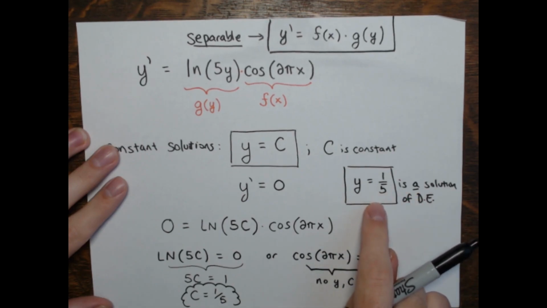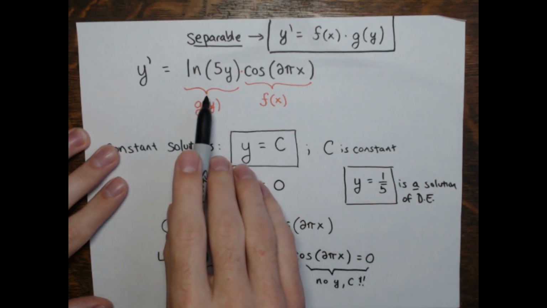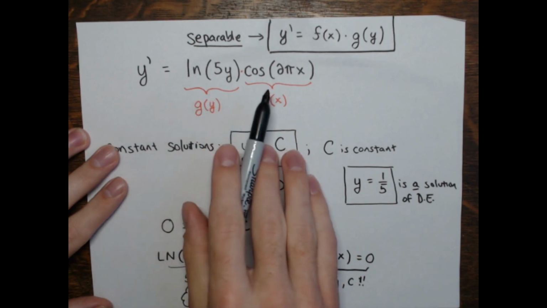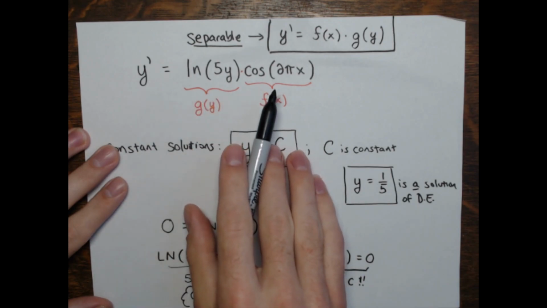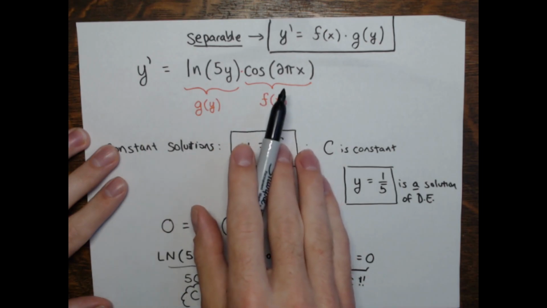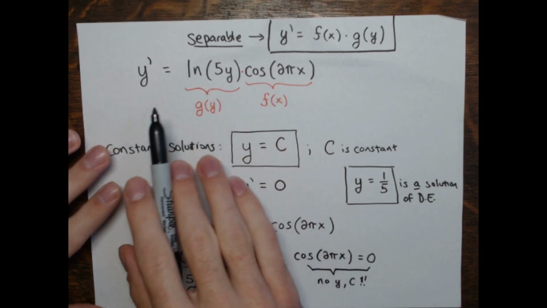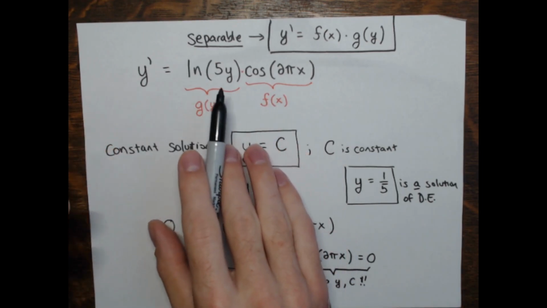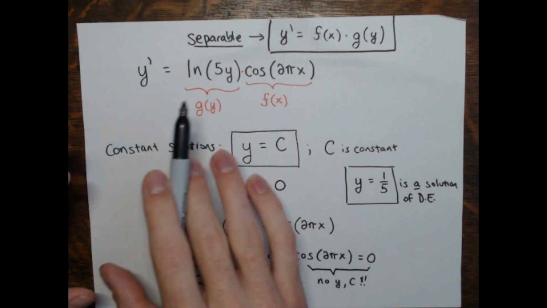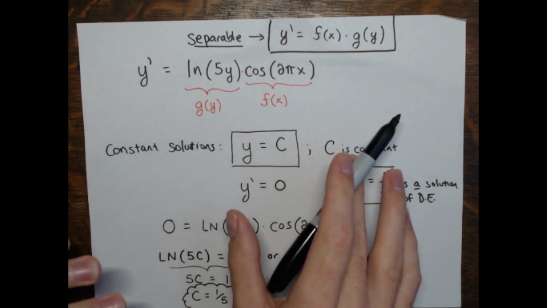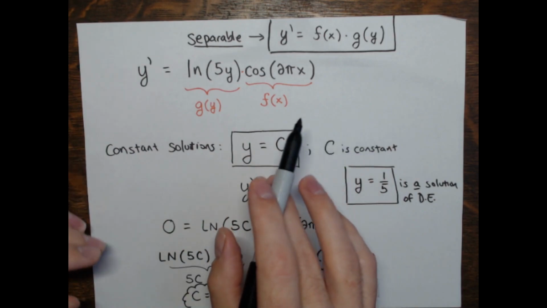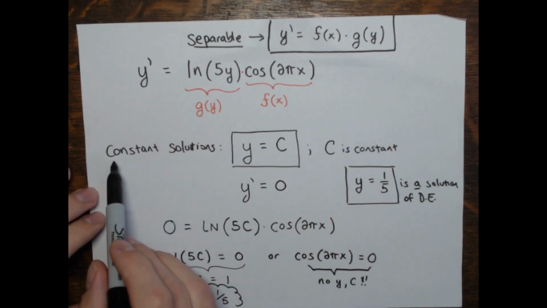It's a constant solution. Now, if they asked me to find the general solution to a separable equation, we'd have to go about it a totally different way. Actually separate the variables, separate the y's from the x's, and then integrate. But we are not asked to do that here, right?